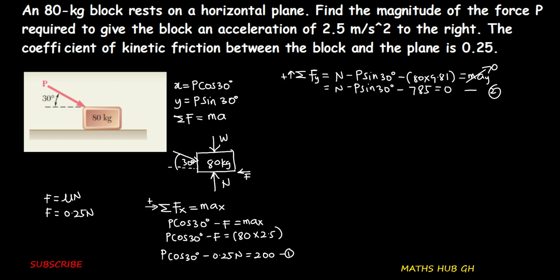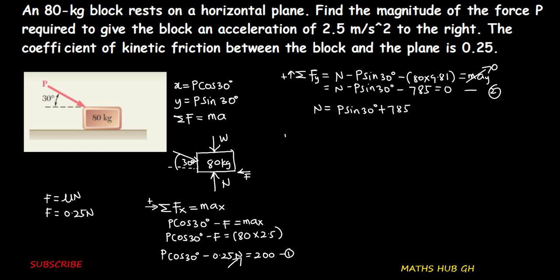Now we want to find P. For this reason, we are going to make N the subject from equation 2. So N is equal to P sine 30 degrees plus 785. You are going to substitute this value in place of the N that we have in equation 1.